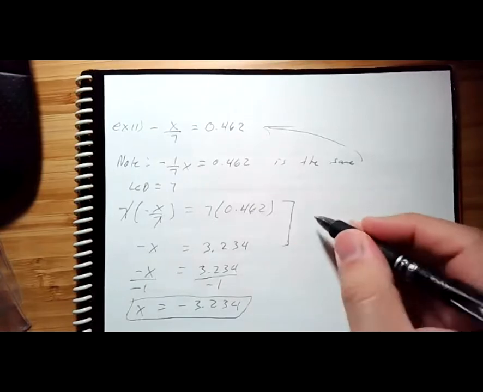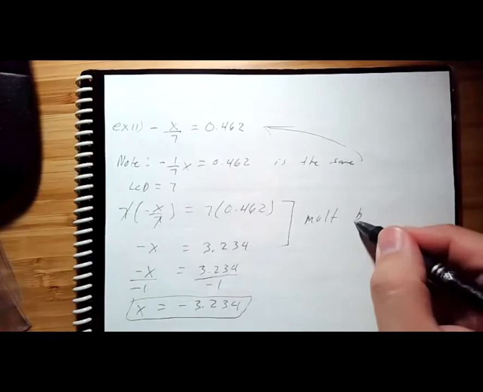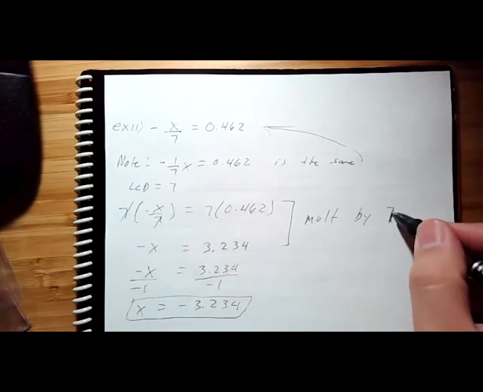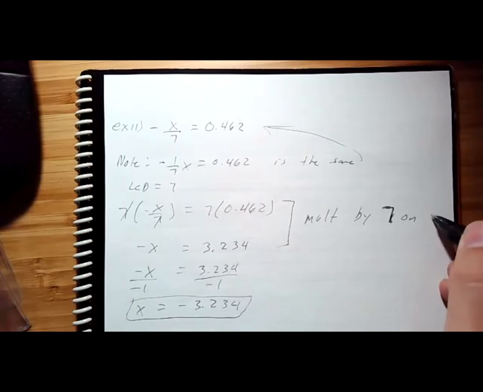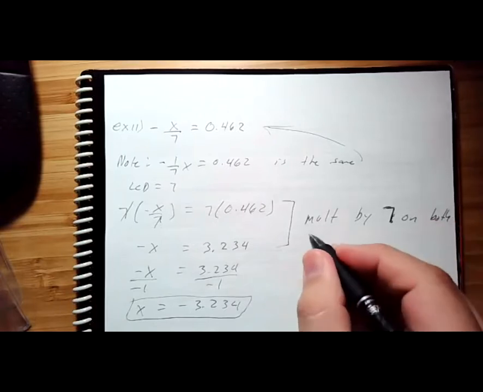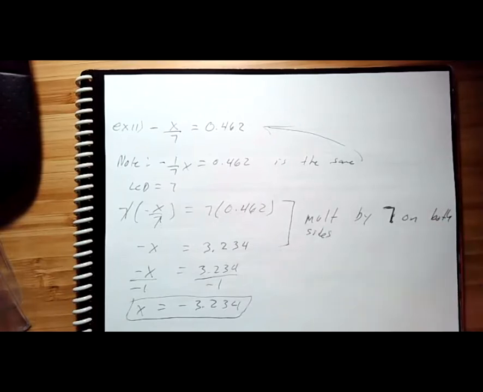So here to here, multiply by 7 on both sides.